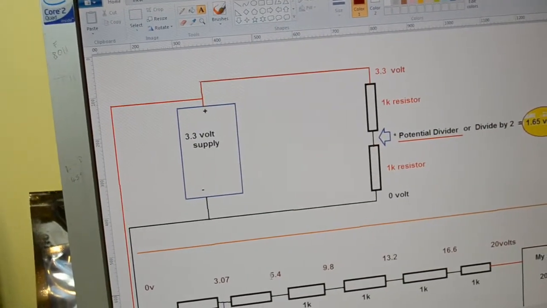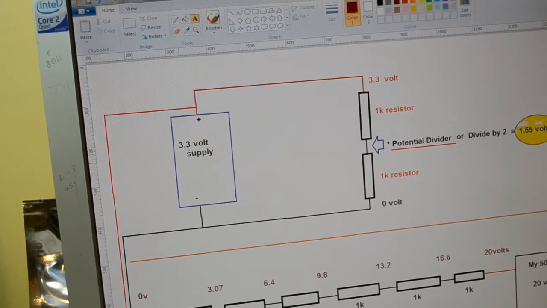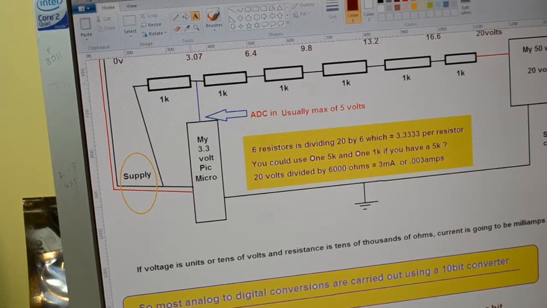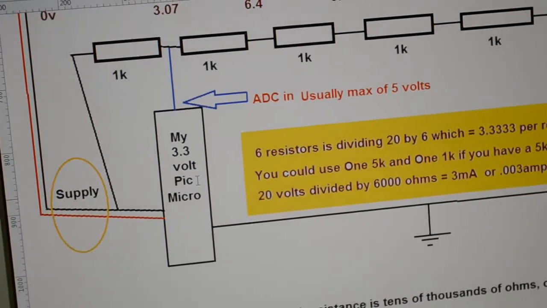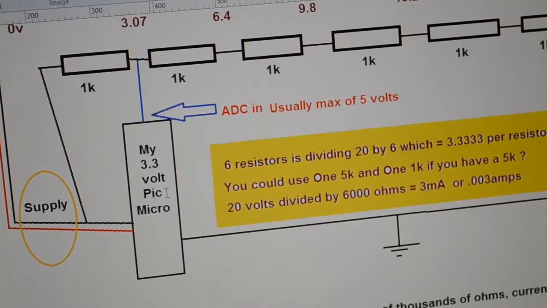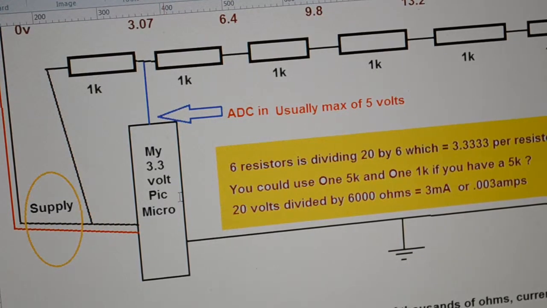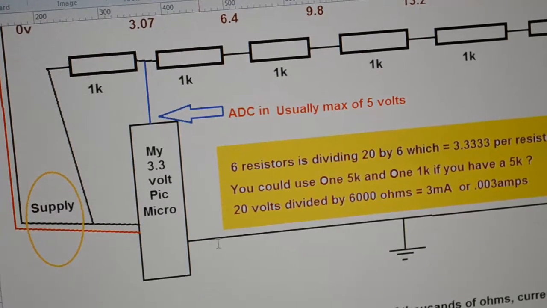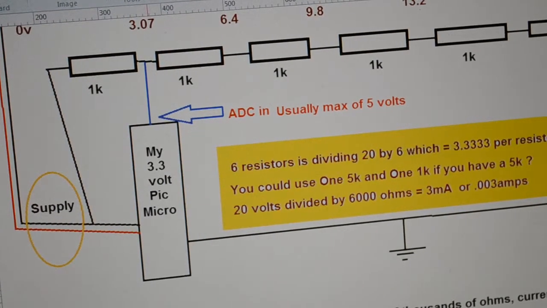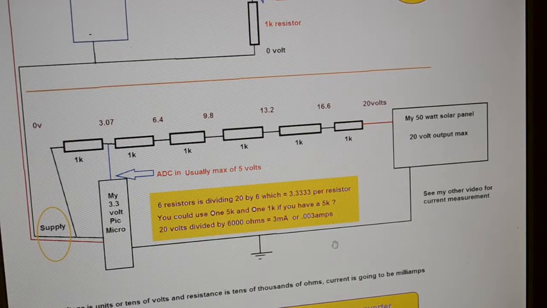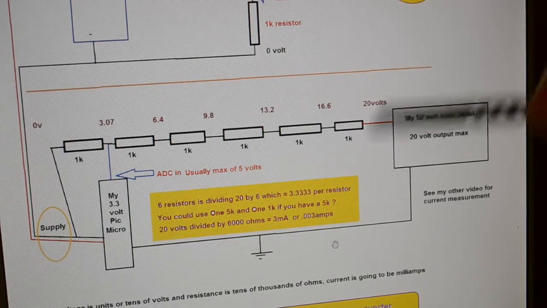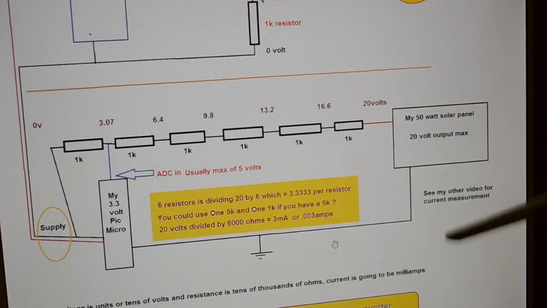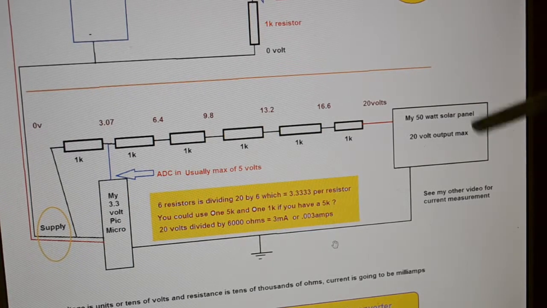So what I'm doing, using this 3.3 volt supply, is running that down to my microcontroller, which is on the back of the clock, and I'm demonstrating in place of my solar panel. Let me see if I can zoom out a bit. Right, I've got my 10.8 volt lithium battery simulating the position of a solar panel, but my solar panel is only a 50 watt, just for experimental purposes.